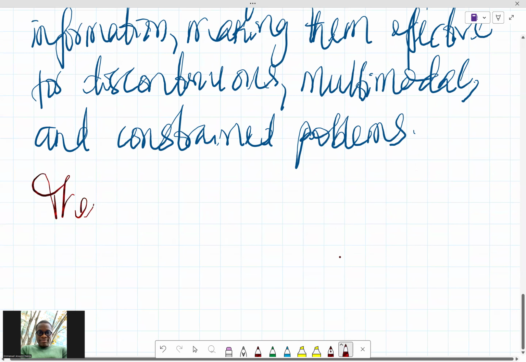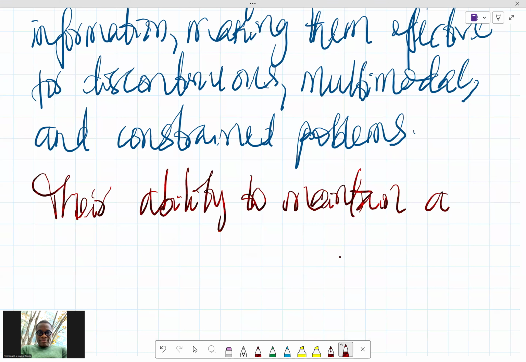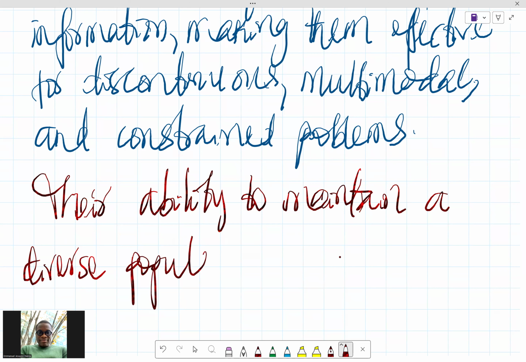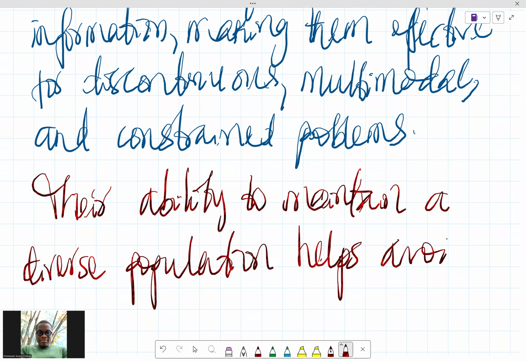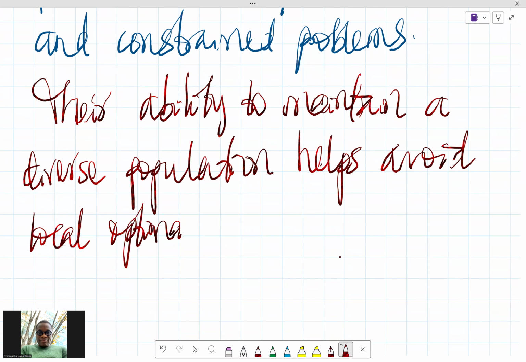Their ability to maintain a diverse population helps avoid local optima. That's usually a problem: you can get a local minimum or maximum and get trapped there without being able to get out.